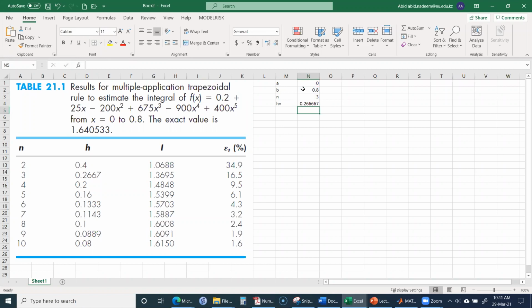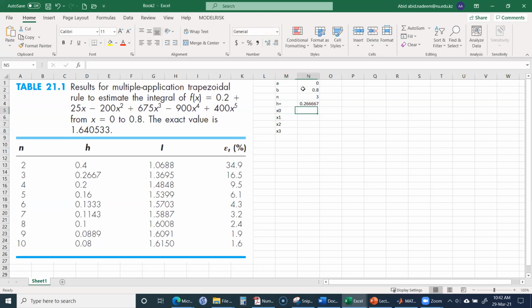Okay, so in this way we can calculate the values of the function. We need x naught, because here we are taking 3 segments, so we will need x1, x2, x3.